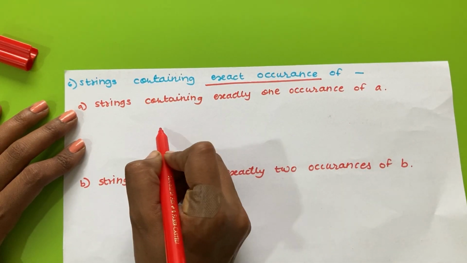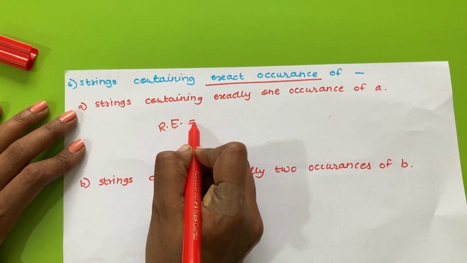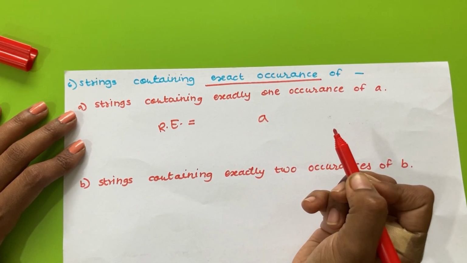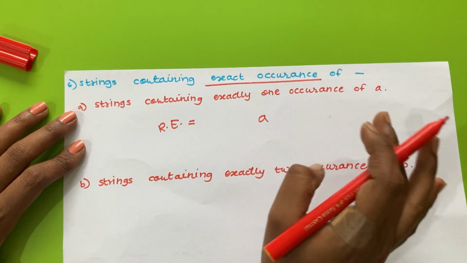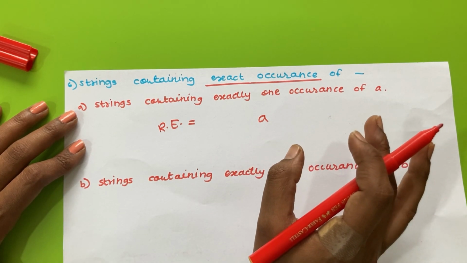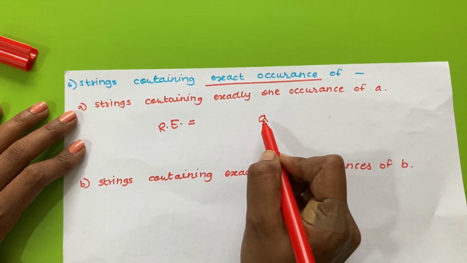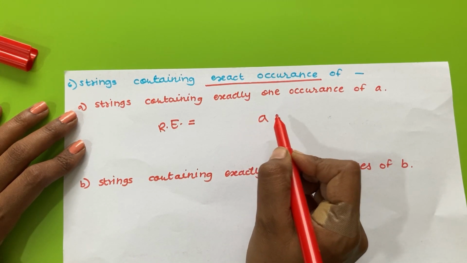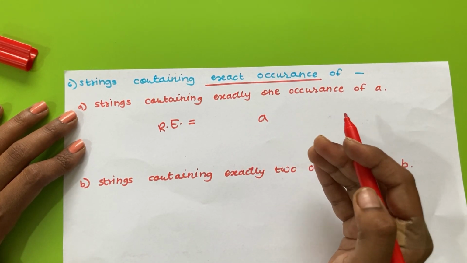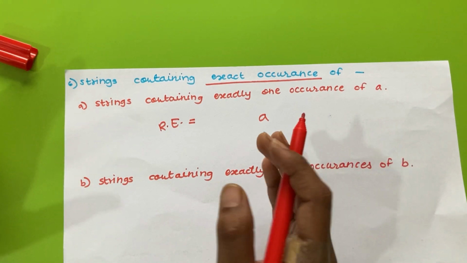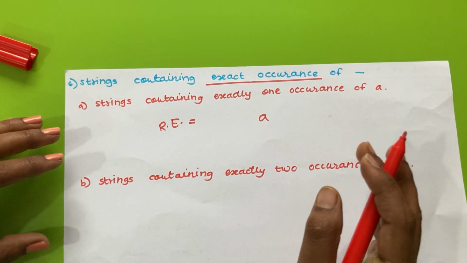Okay, so I'll write here the regular expression that I want a for the single time, but we don't know about b, means how the b is appearing. Is it before this a or after this a? Is it for 0 or more times? Is it for 3 times, 4 times, etc.?